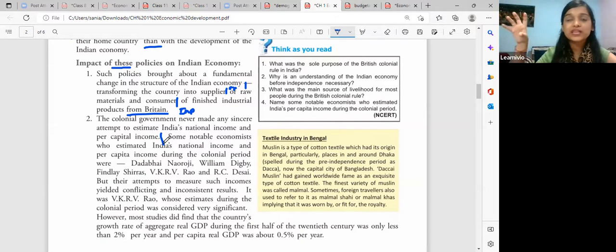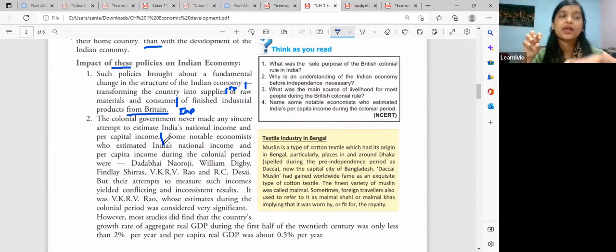For example, if the national income of one country is 100 rupees and the other country's is 80 rupees, that means this country is developed, this country is less developed, and it needs to increase its national income. But the Britishers, the UK colonial government, never made any sincere attempt to calculate what the national income is, what the per capita income is, and if it's low, how we can increase it. Nothing.